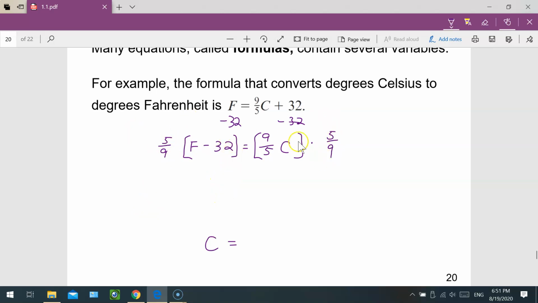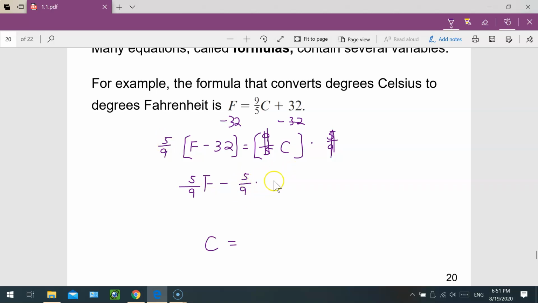Then they still maintain the same equality. Now 5/9 multiplied with 9/5, they will reduce. Then on the left hand side, I distribute, I will get 5/9 Fahrenheit minus 5/9 times 32.